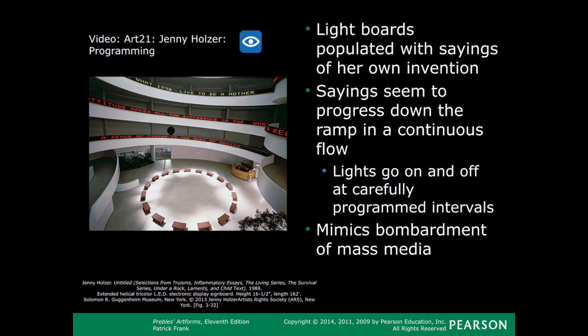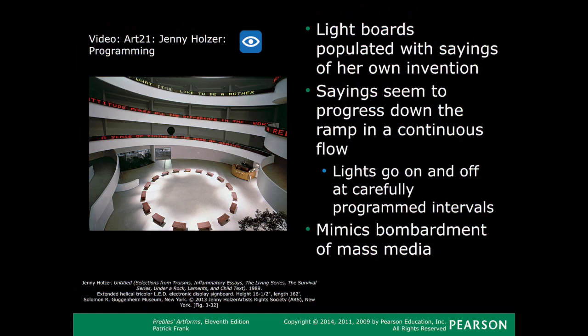And here we have an example of an artist using text, light boards populated with sayings of her own invention. So what Jenny Holzer does, she'll find these publicly used tickers or publicly used signs, and she'll manipulate them to have her own message.